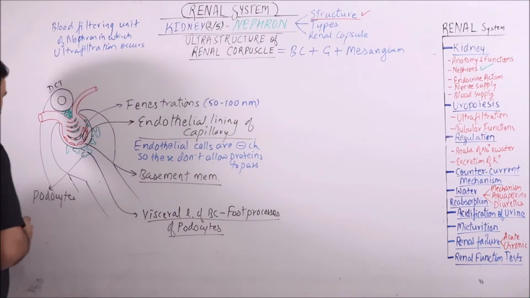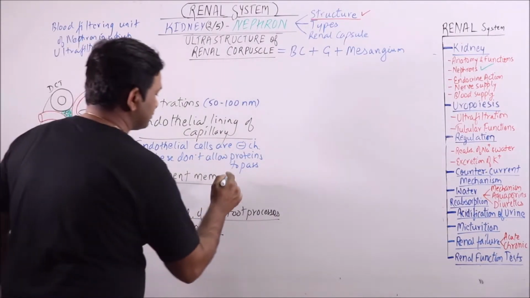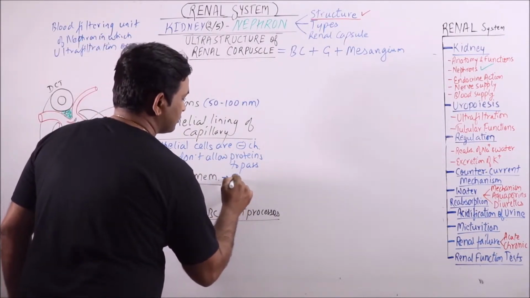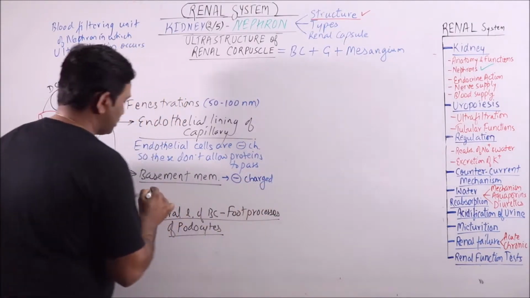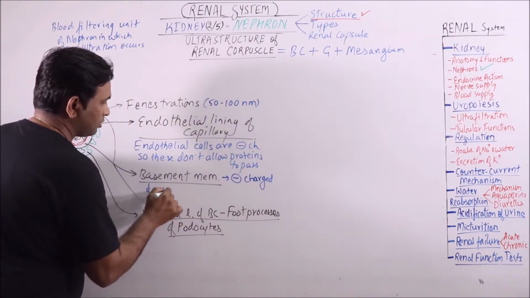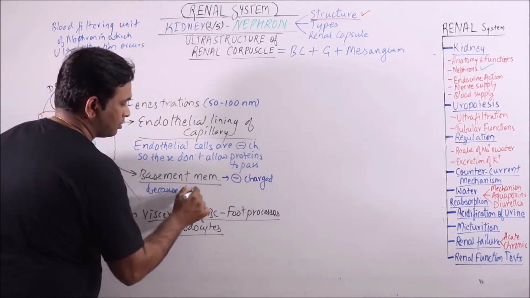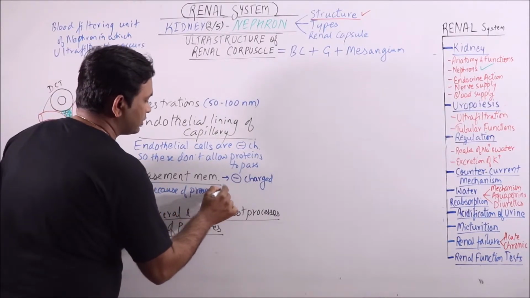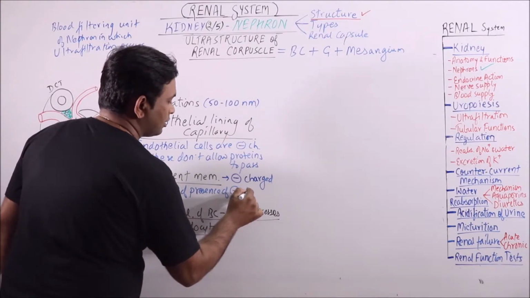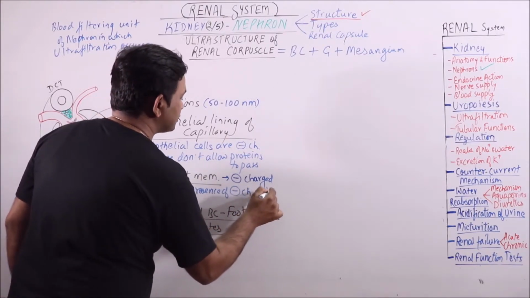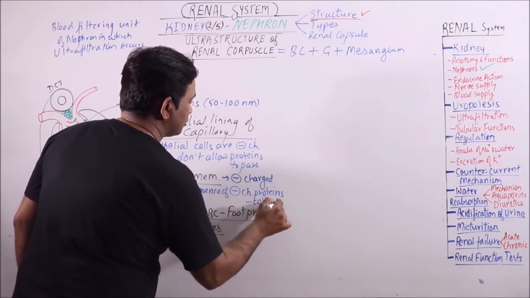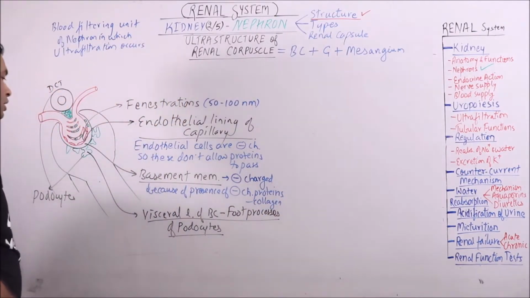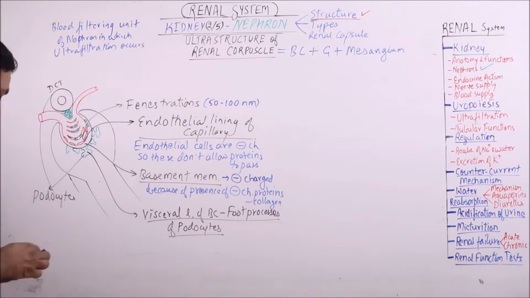This basement membrane is also negatively charged because of presence of negatively charged proteins like collagen. So this will also not allow the negatively charged proteins to pass through.